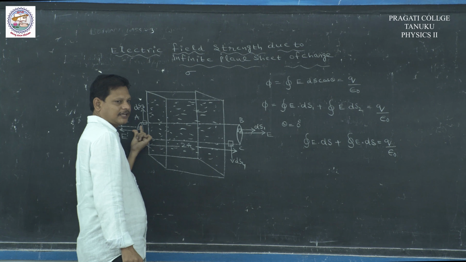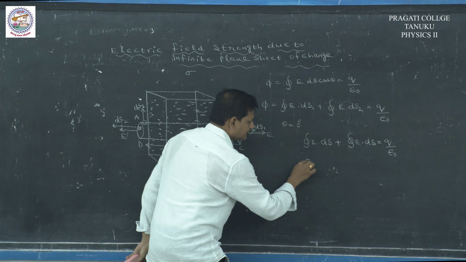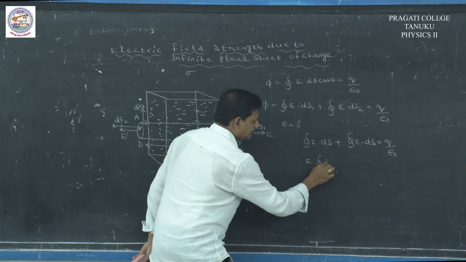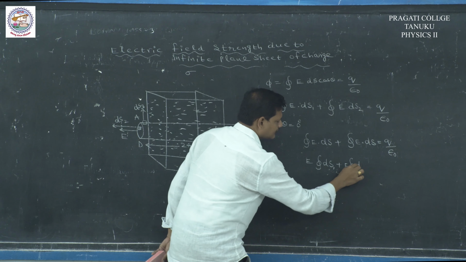Since here we consider the same dimensions of elemental areas, E ds is equal to q by epsilon naught.